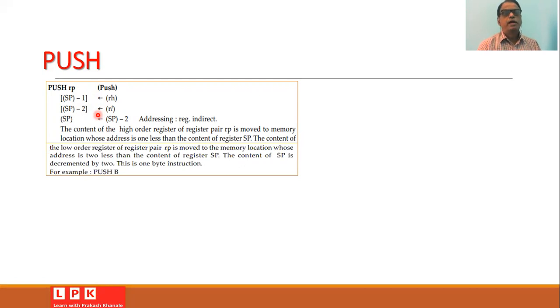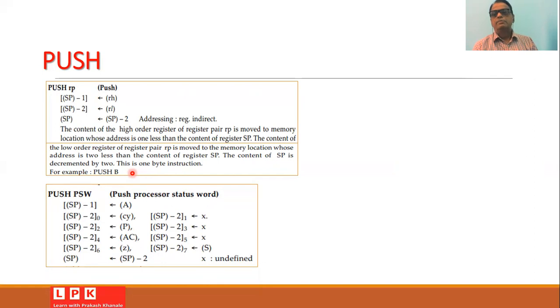The content of the stack pointer will also be decremented by 2. For example, we can write PUSH B, where the content of the register pair will be shifted to the stack. This is a 1 byte instruction.